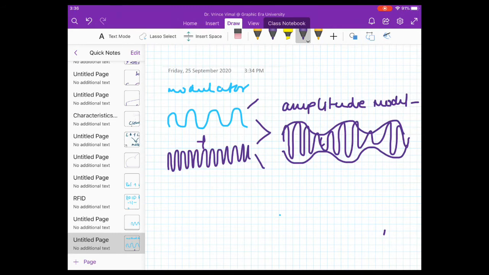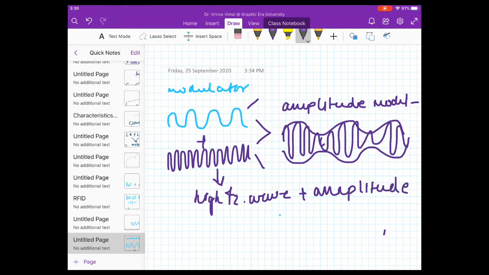It is changing the amplitude of the high frequency wave in accordance with the instantaneous amplitude of my signal. In this way, this signal is modulated on a high frequency wave so that it can travel to a greater distance.